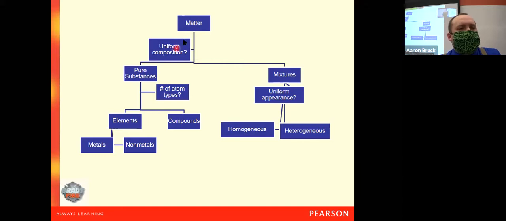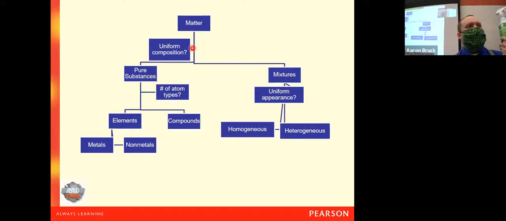And so the first question we might ask is, let's say I'm given a substance, does this have a uniform composition? Well, without knowing the makeup, probably going to be difficult to tell. But if I have a substance like, again, our sanitizer, I can look at it and say, okay, this has at least 3 unique ingredients.